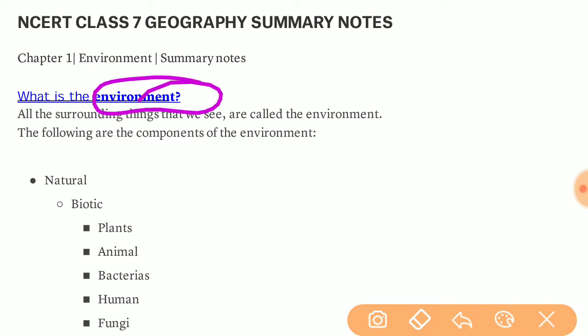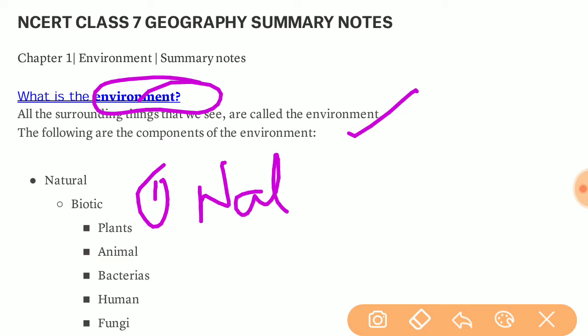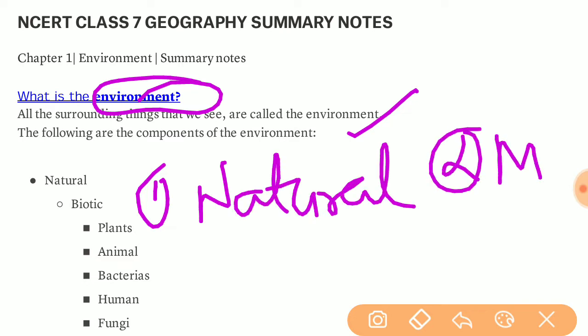Environment. What is environment? All the surrounding things that we see around us are called environment. Environment has two components. One is natural and second one is man-made or artificial.